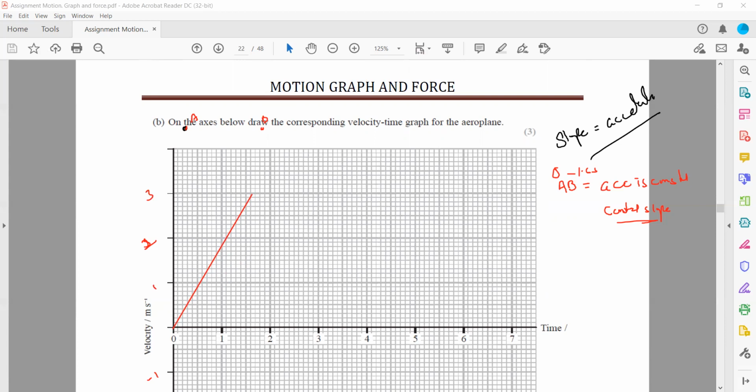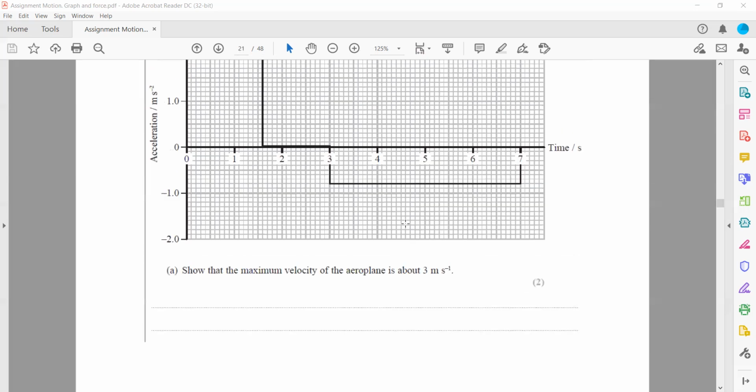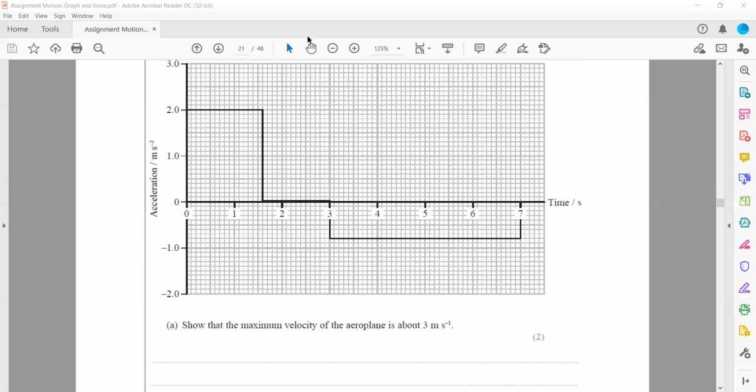Then the second part, acceleration is 0. So this was part A to B, and then the next time interval is B to C. What happened from B to C? It is from time 1.6 to 3. So from 1.6 to 3, acceleration is 0. If acceleration is 0, slope should be 0.